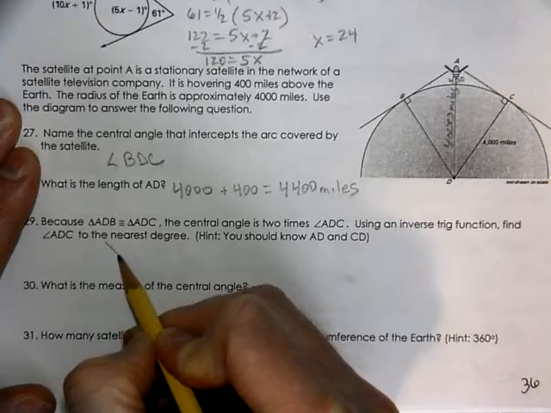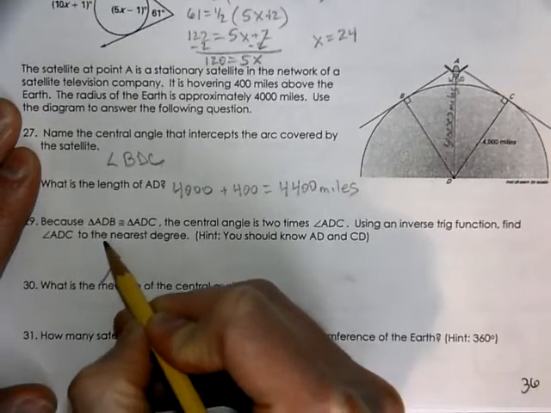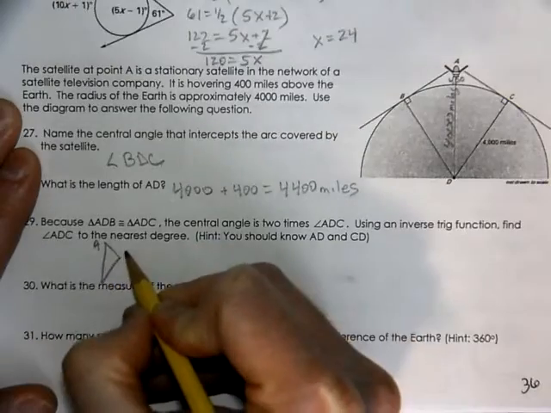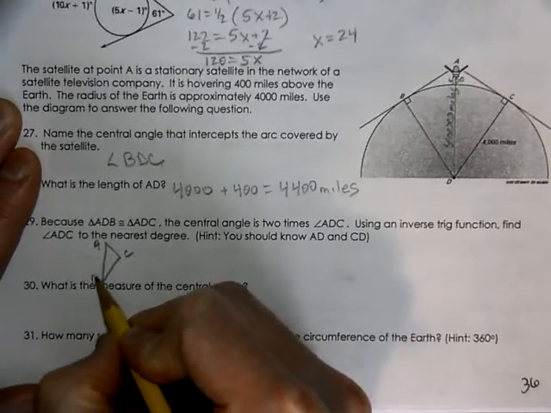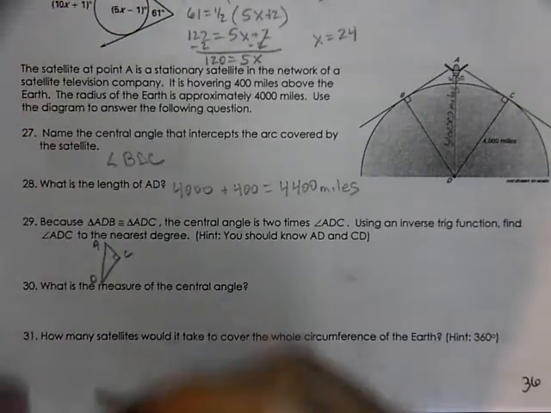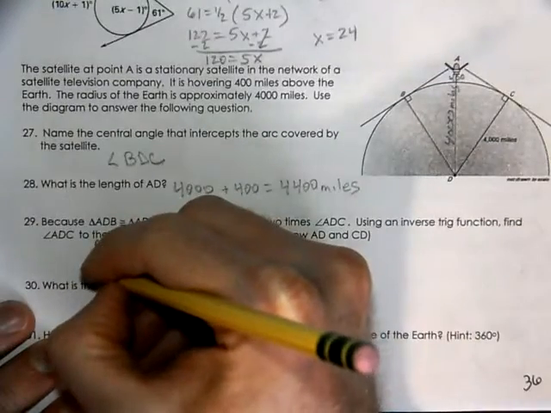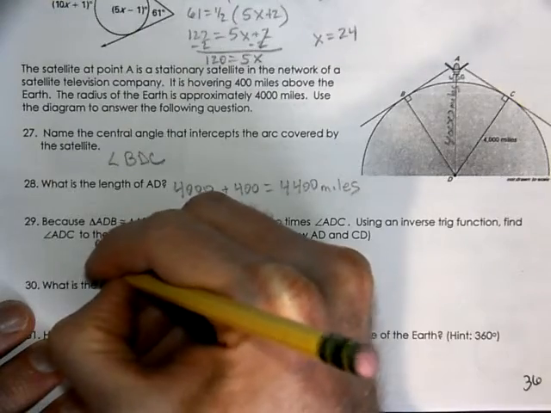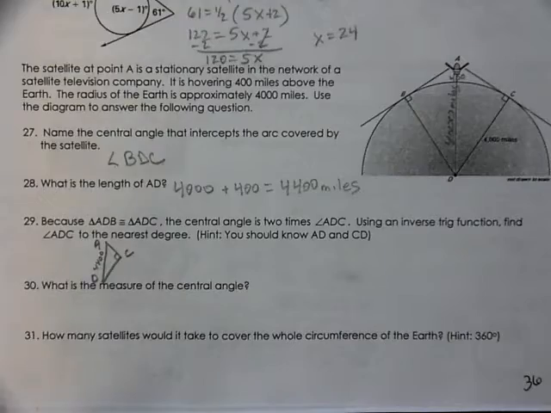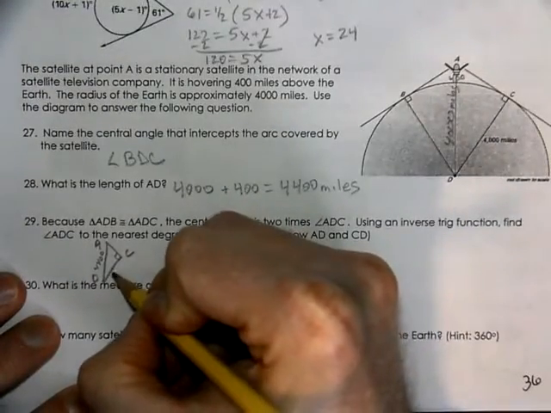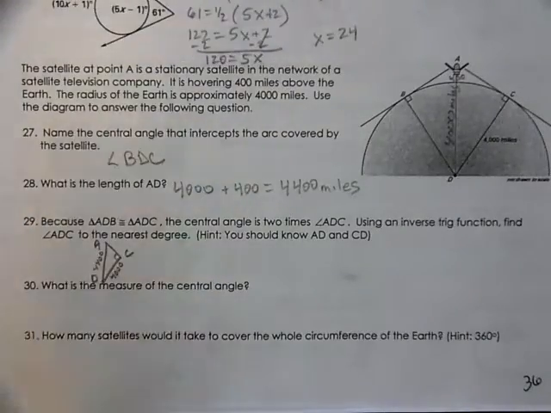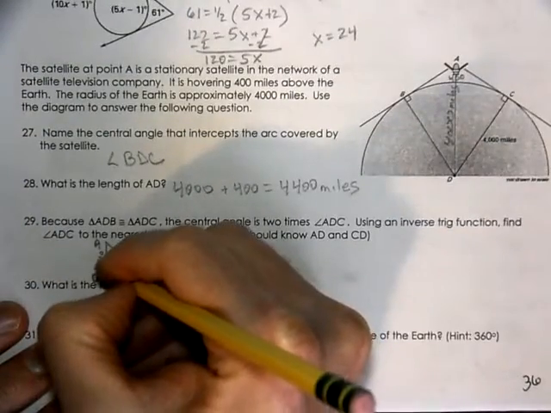So we're going to look at our angle. We have ACD with a right angle. We know that this side is 4,400 miles long. This side is 4,000. What we're looking for is this angle.